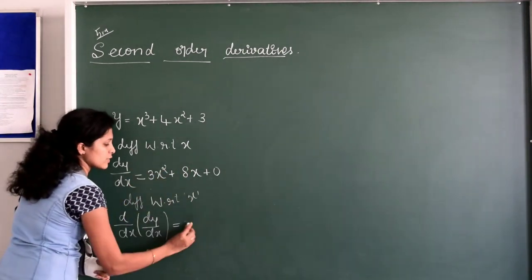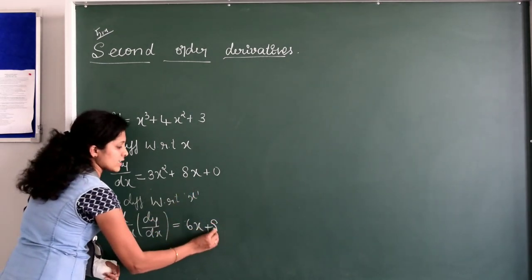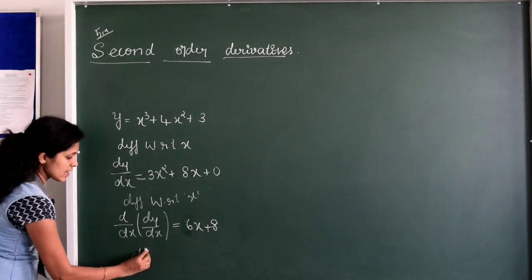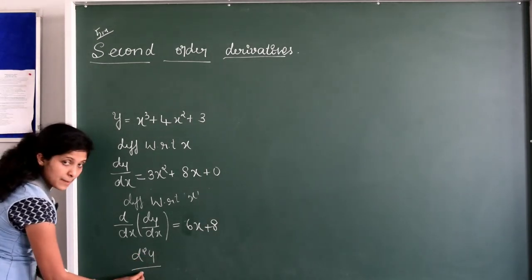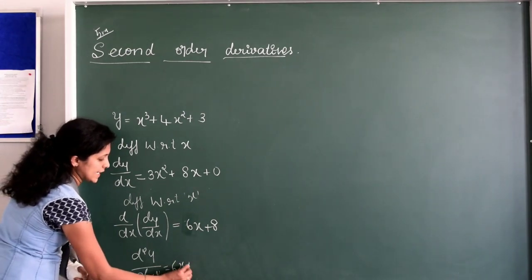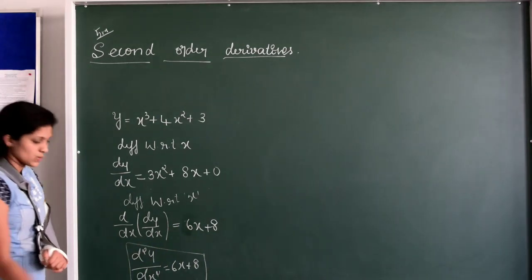So 3 into 2x will be 6x plus derivative of 8x will be 8. Anyway, derivative of 0 will be 0. So here this one we can write as d square y divided by dx square is equal to 6x plus 8. So this is called the second order derivative. I hope you understood this one.